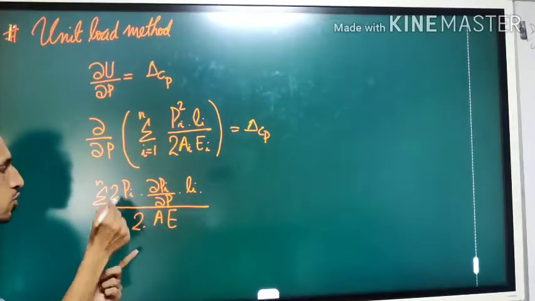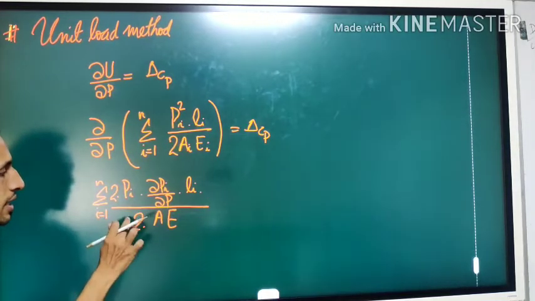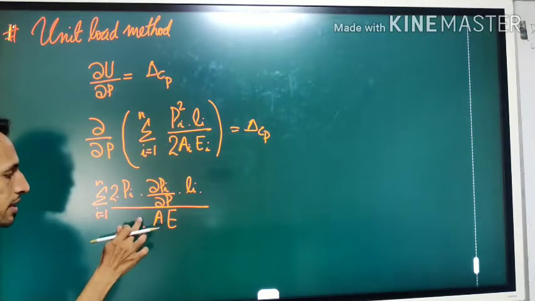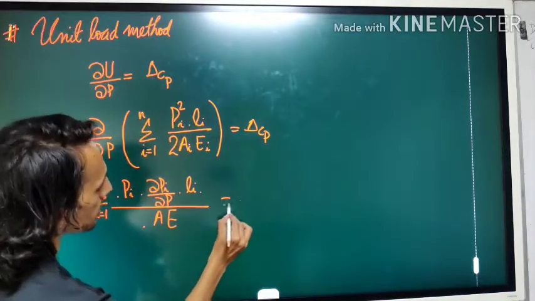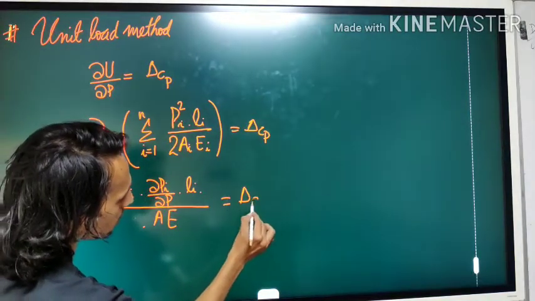So this 2 and 2 will cancel, and the deflection will be something like that.